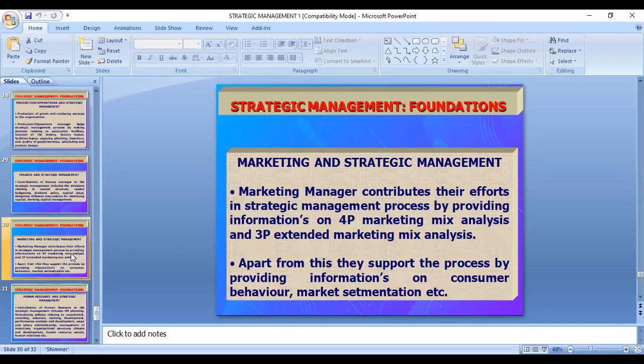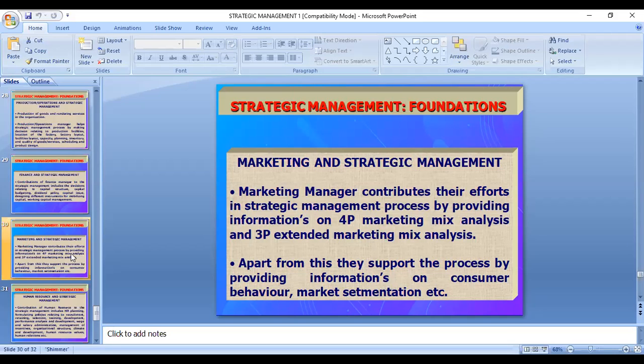Marketing and strategic management. The marketing manager contributes their efforts in the strategic management process by providing information on the 4P's marketing mix analysis and the 3P extended mix analysis. Apart from this, they support the process by providing information on consumer behavior and market segmentation. The 4P's are product, price, promotion, and place. It is a mix; always we have to change. And the extended marketing mix means people, process, and physical evidence.